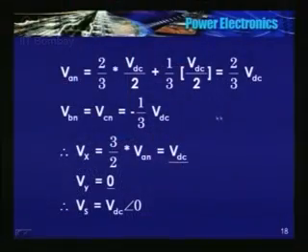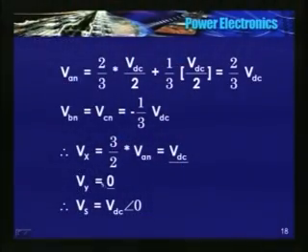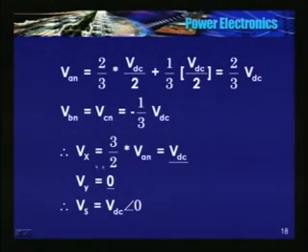So what is Vx, or the sigma x-axis component of VAN, VBN, VCN? Vx is 3/2 times VAN, this is the expression that we have derived, that is equal to Vdc itself.